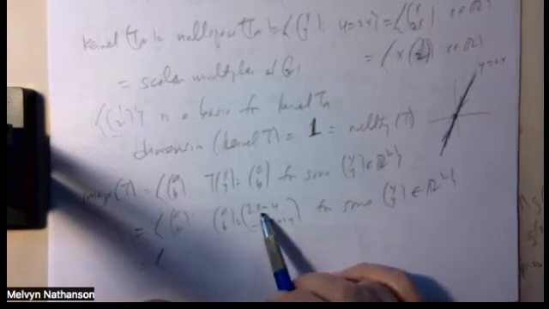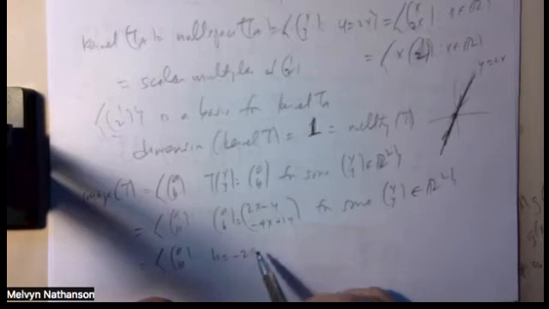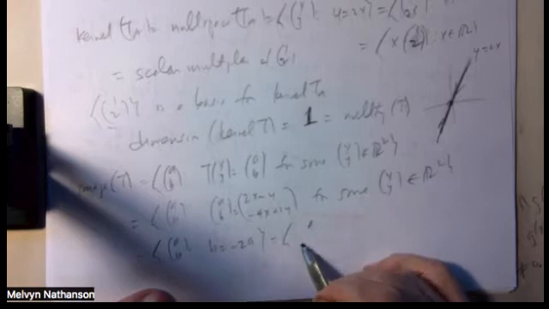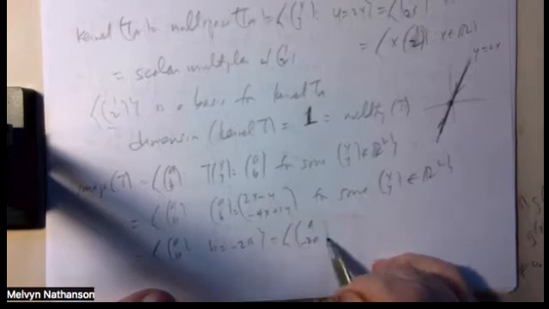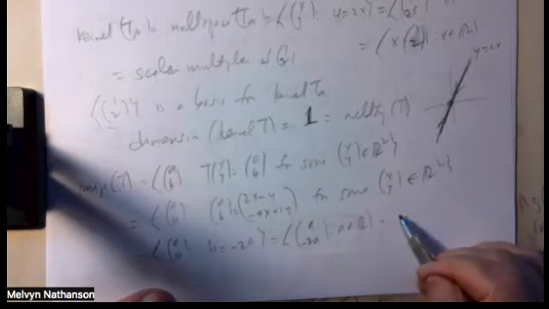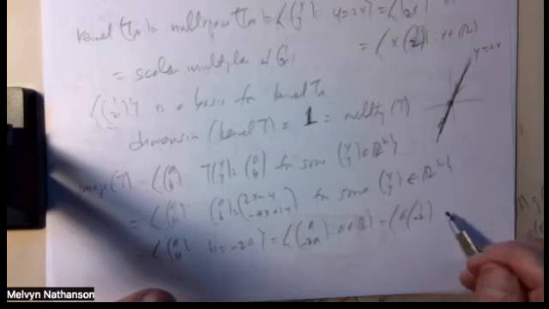But if you look at this, you see that for all vectors (a, b), b is -2a. This vector is -2 times this vector. So this is the set of all vectors of the form (a, -2a), which is the set of all scalar multiples of the vector (1, -2).